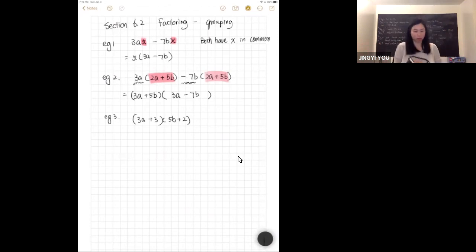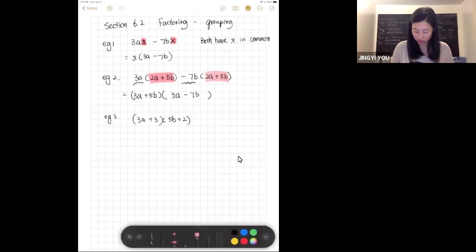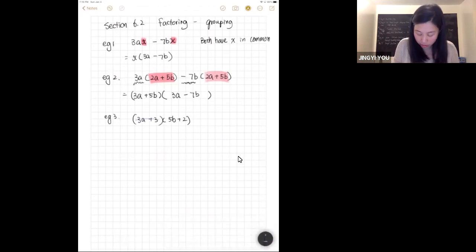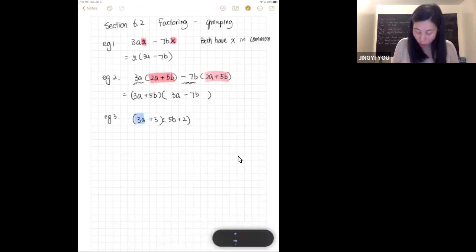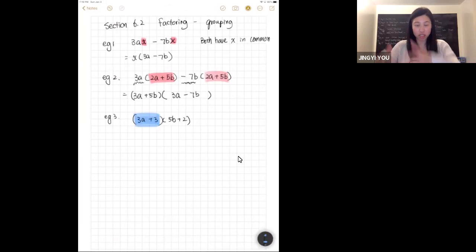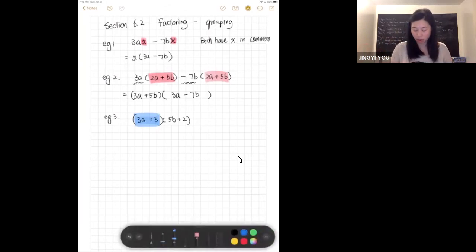How are we going to do it? I want to distribute 3a plus 3 into the second parentheses. I want this part to multiply every term in the second parentheses.